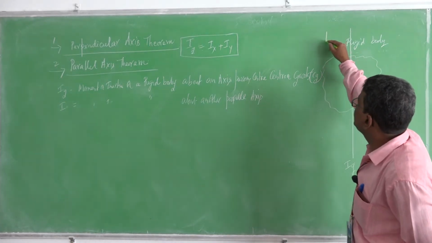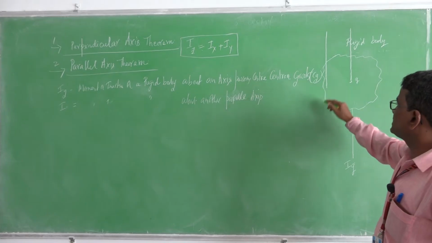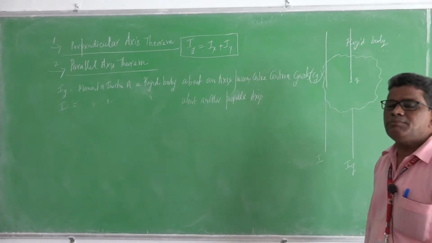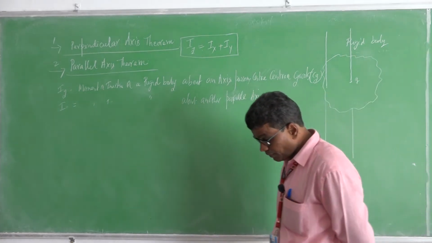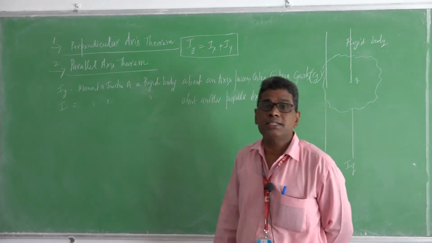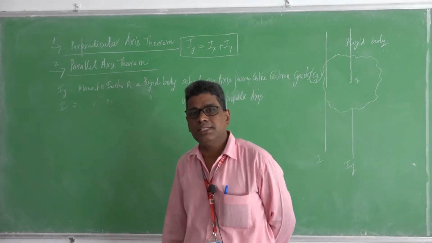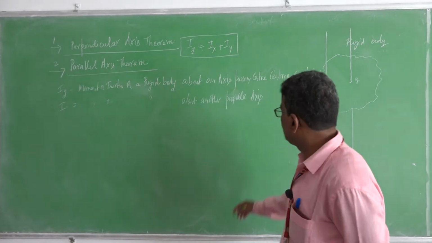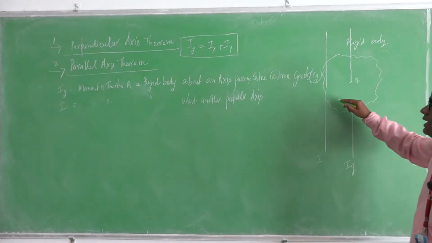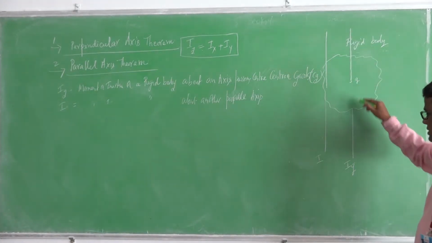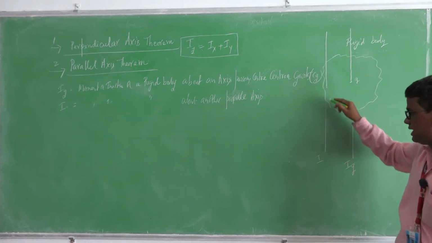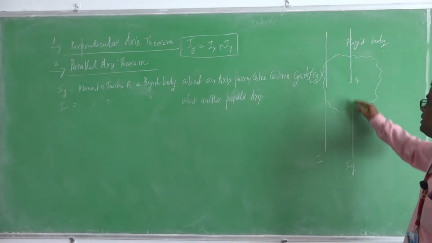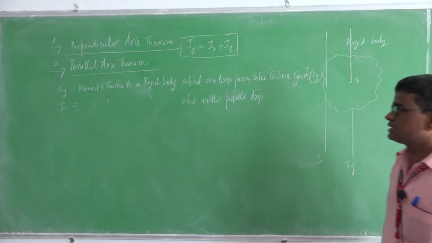Suppose I want the moment of inertia about this axis, let it be I. I said moment of inertia depends on the axis of rotation, isn't it? If the axis of rotation changes, the moment of inertia changes. So for the same body, it has different values. About this axis, let it be Iz. About this axis, let it be I. This axis should be parallel to the first axis.